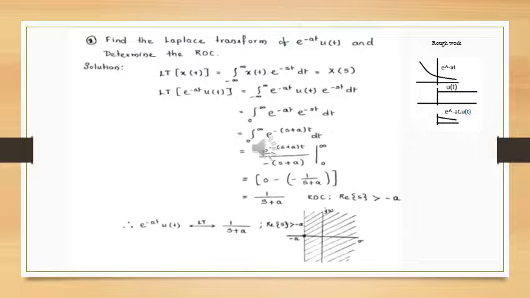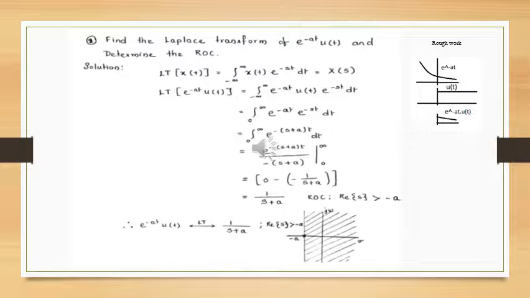Laplace transform of x of t can always be represented as X of s. Now, instead of x of t, we take the given signal e raised to minus at u of t. So Laplace transform of e raised to minus at u of t is equal to integral from minus infinity to infinity e raised to minus at u of t e raised to minus st dt.